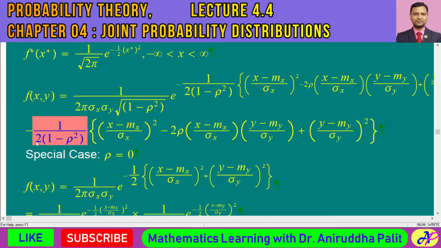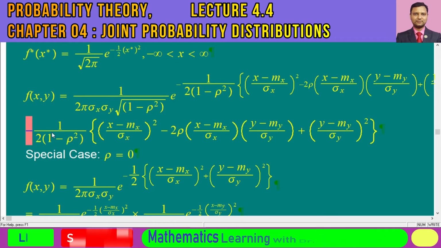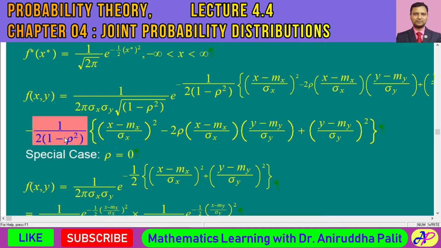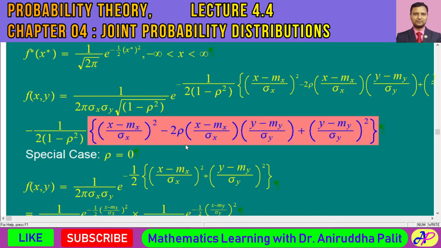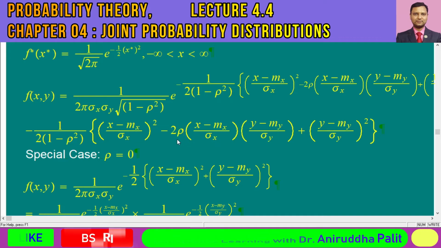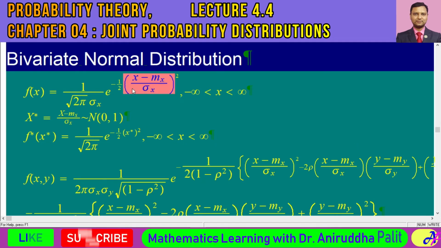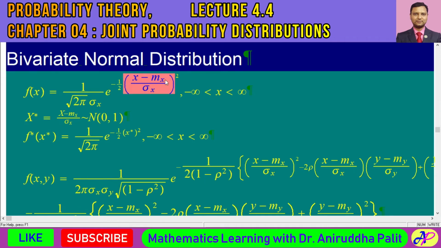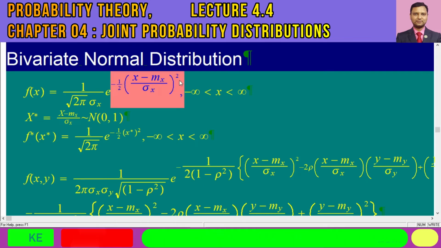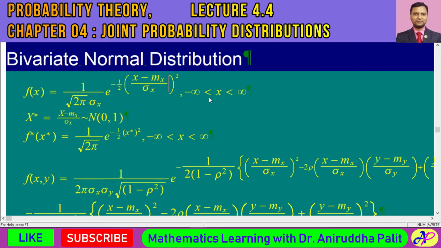With this negative sign, 1 by 2 into 1 minus rho square, and within this bracket you can identify the similarity. In the case of a single random variable, we had minus 1 by 2 into x minus mx by sigma x whole square. Mind it, square is there.